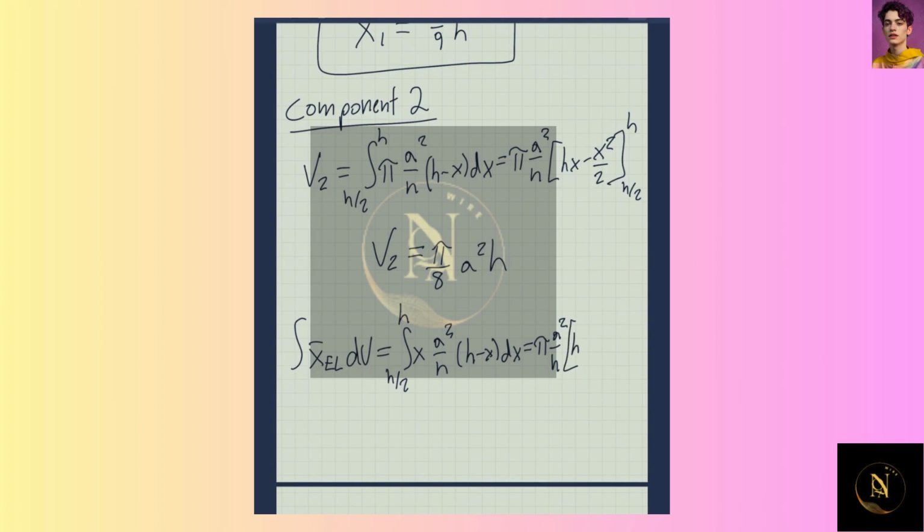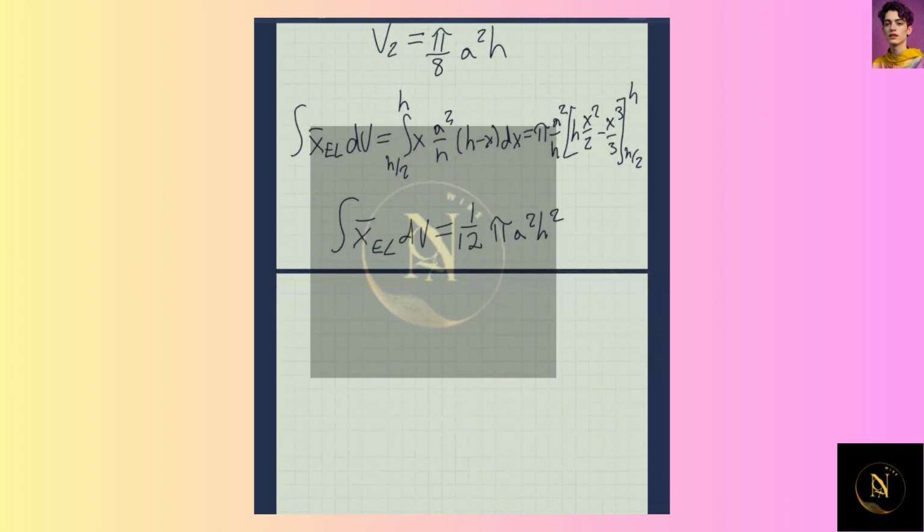Solving the integral, it becomes pi a squared over h times h x squared over 2 minus x cubed over 3 from h over 2 to h. Simplifying further, we get the right side of this equation is going to be 1/12 pi a squared h squared.